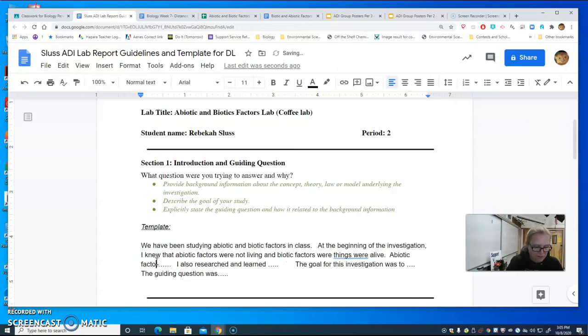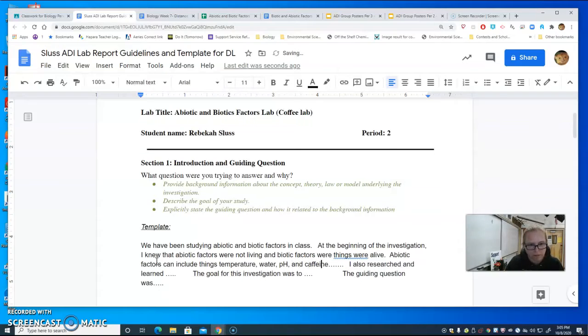So abiotic factors can include things like temperature, water, pH, and even caffeine, right? That's what you were really looking at in this lab. And caffeine, okay?